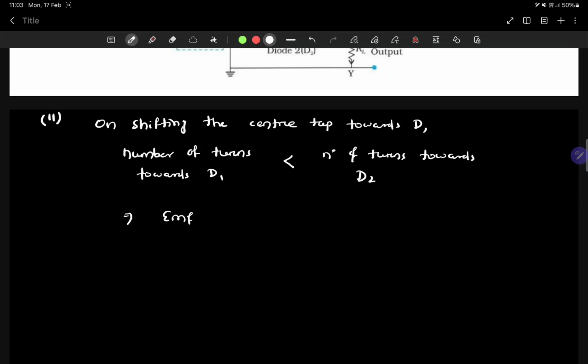So EMF developed on D1 is less than EMF on D2.